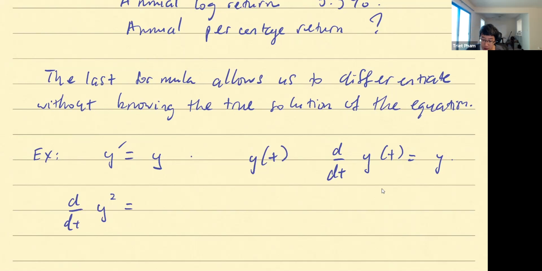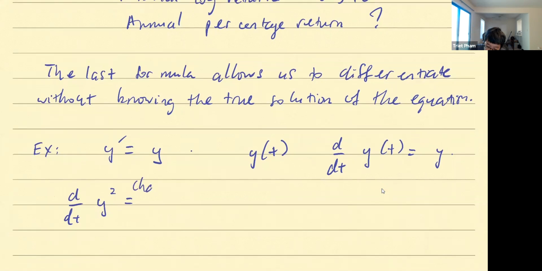Now if you say, well, I don't know, I don't even know what y is, why do you ask me this? Then you're giving up too much, because you do know. You can say something about this based on this result. Why so? Because exactly by the chain rule, it tells you that this is going to be 2y prime.